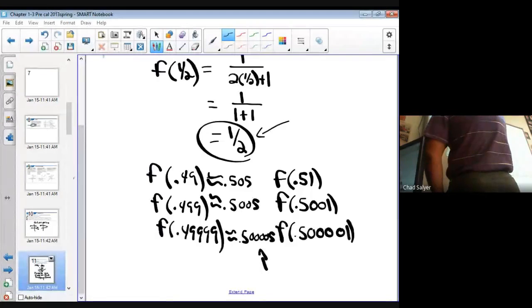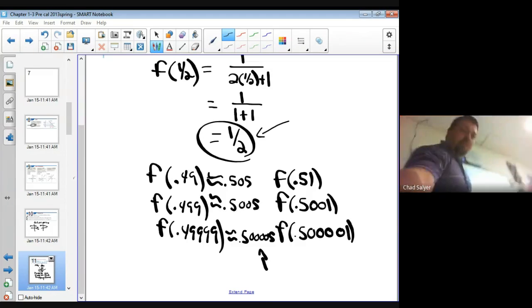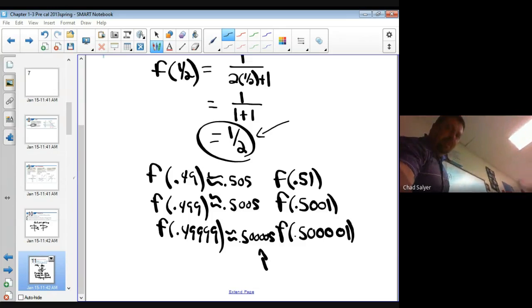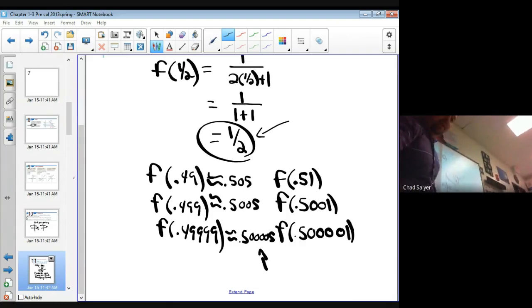This may seem like common sense. Well, heck, I can look at it and tell that's the case. True, because this is a pretty simple example, but that won't always be so. It will sometimes be the case that you cannot tell by looking. This is an example where you can.